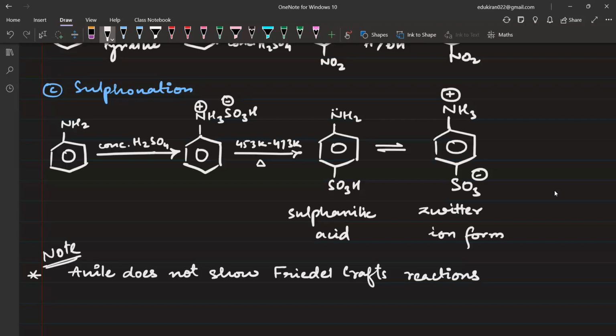Friedel-Crafts reactions का मतलब both alkylation और acylation दोनों ही नहीं शो करता है. Why? Due to the formation of, अरे क्या लिख दिया हमने, ये aniline लिखिएगा साफ साफ जरा. I wrote it with a spelling mistake. Aniline. ठीक है.